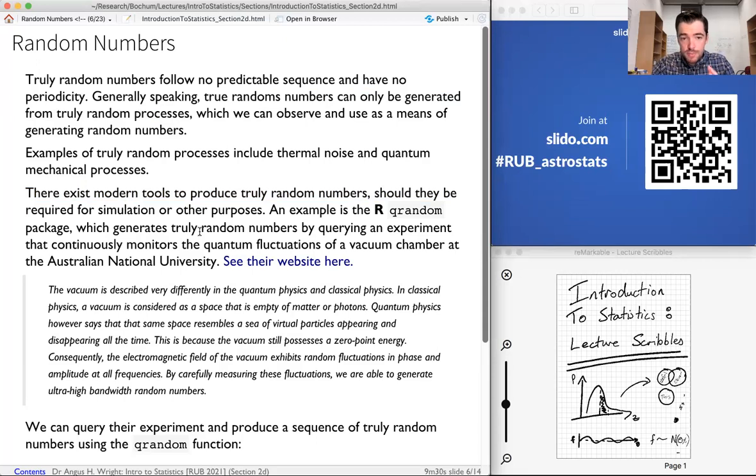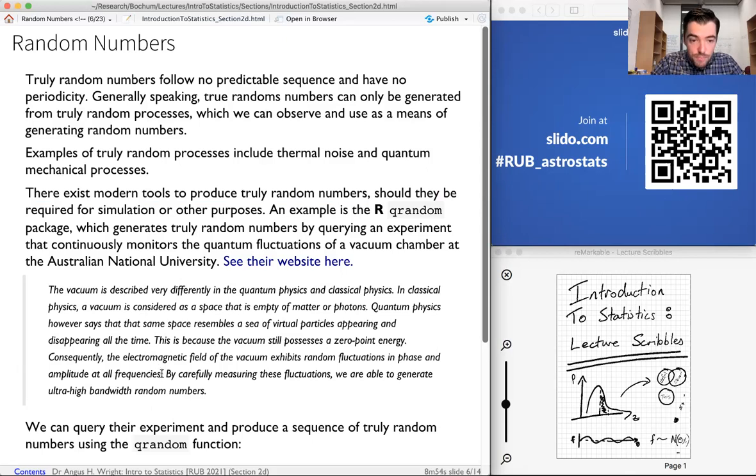Now, in quantum mechanics and quantum physics, the vacuum is not an empty space. It contains a zero-point energy that's constantly causing virtual particles to be populated, and those virtual particles carry with them some sort of electromagnetic field, right? And therefore, the electromagnetic field of the vacuum chamber shows random fluctuations, because of the popping into and out of existence of all of these virtual particles.